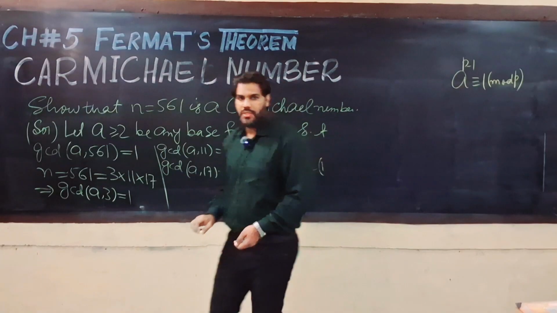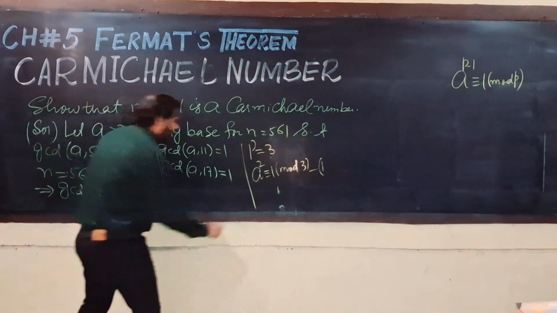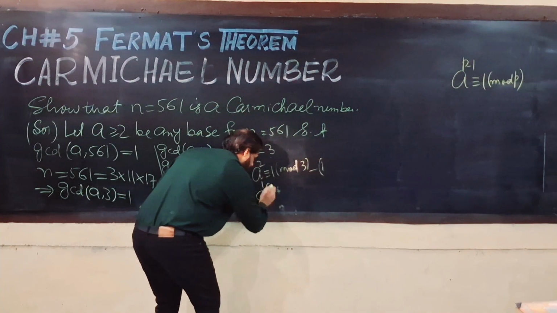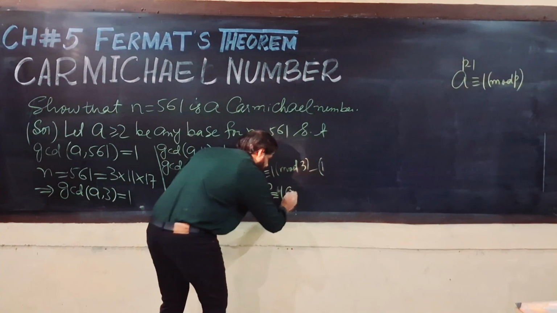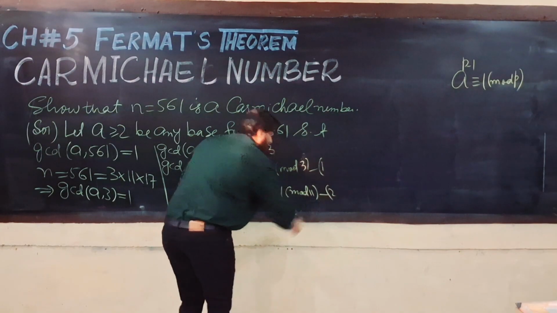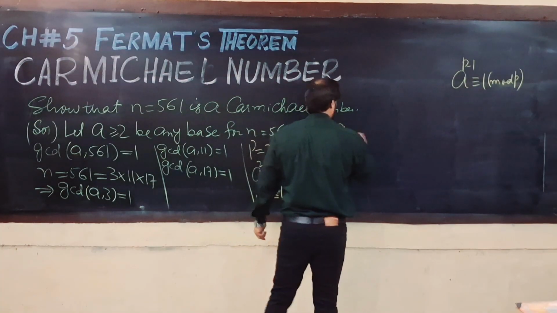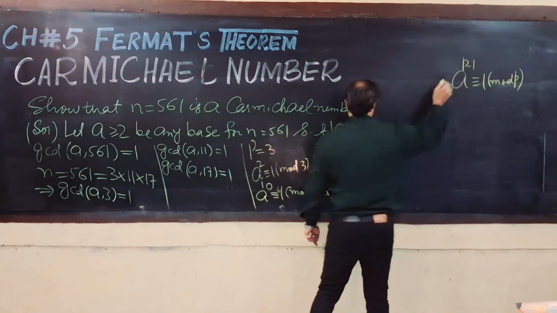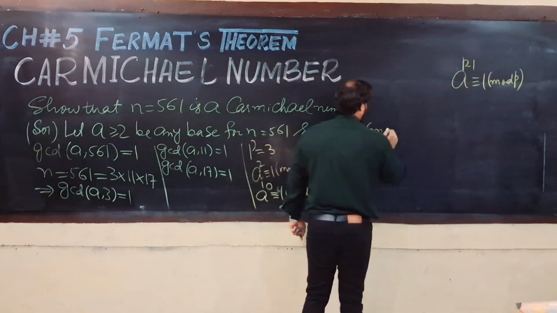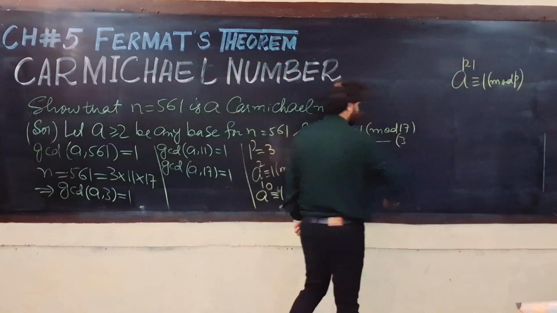Similarly, for the second prime, 11, by Fermat's theorem this becomes a raised to power 10 congruent to 1 modulo 11. Lastly, for the third prime, 17, this becomes a raised to power 16 congruent to 1 modulo 17. Say these are 1, 2 and 3.